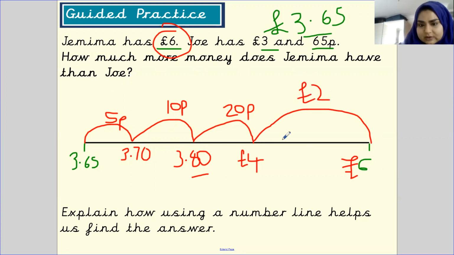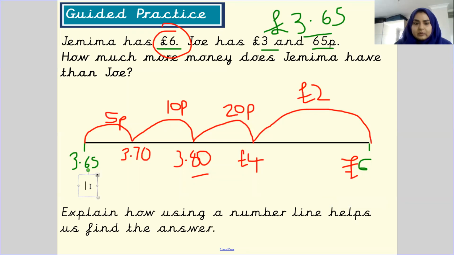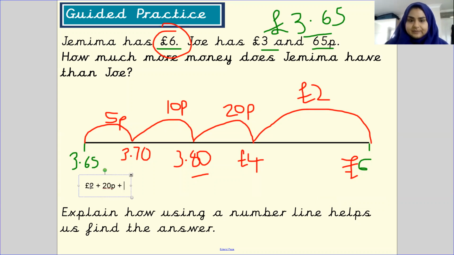Now I'm going to add all these together. Okay, so if I add all these together, it will be £2 plus 20p plus 10p plus 5p, which means Jemima has £2.35p more than Joe.